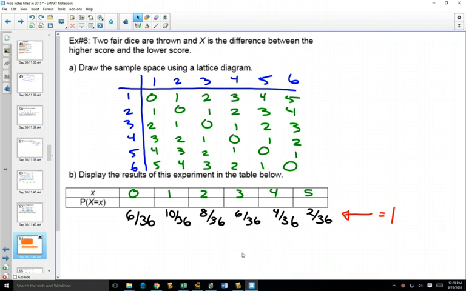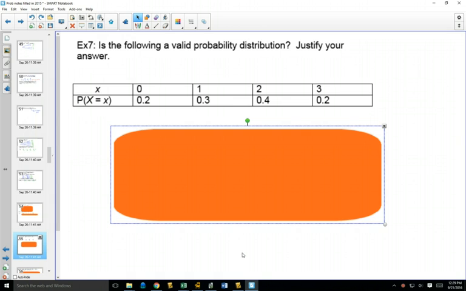I'd like you to try this one on your own. So what do you think? Is this a valid one? And how come it's not valid?